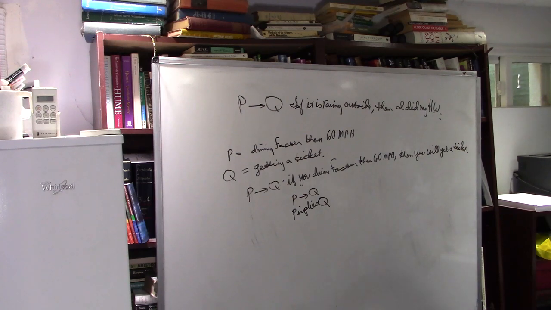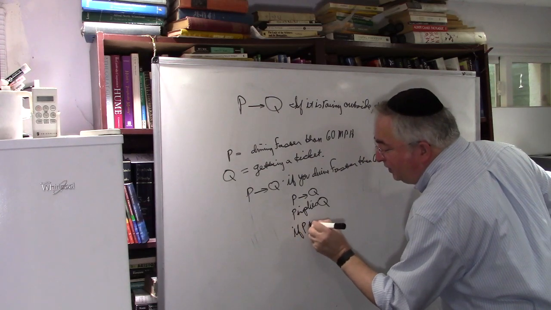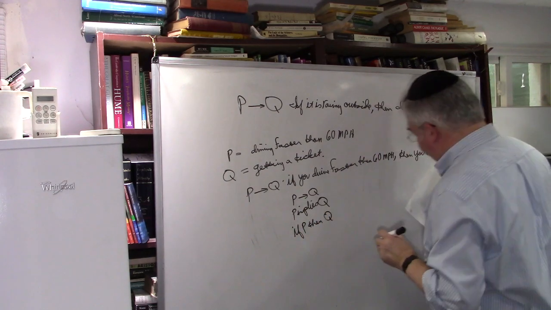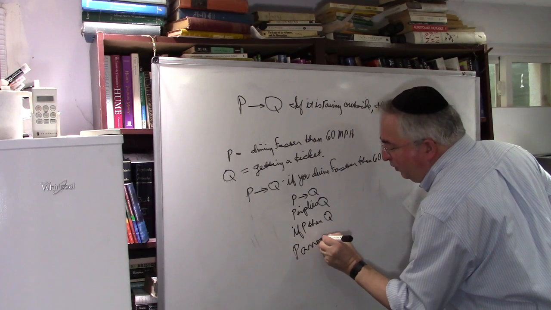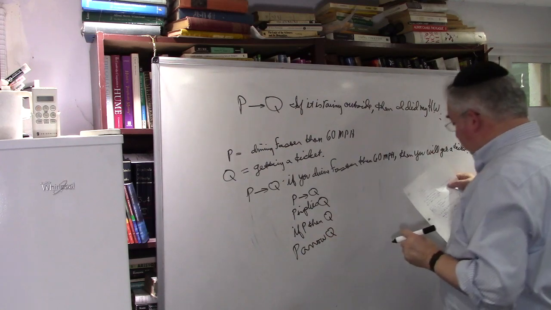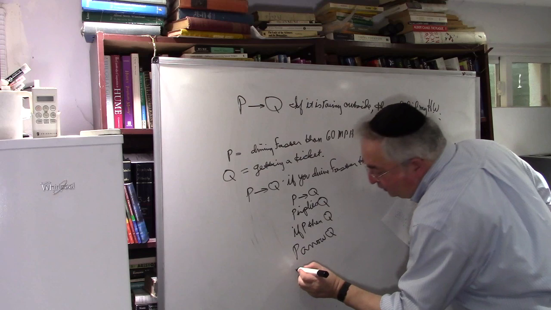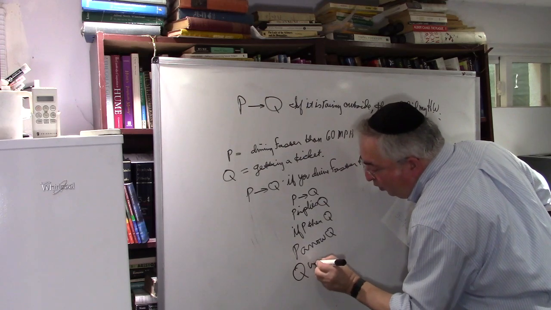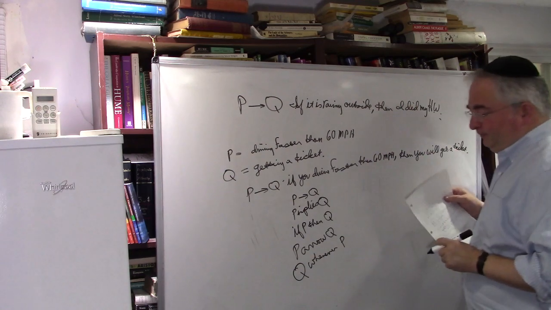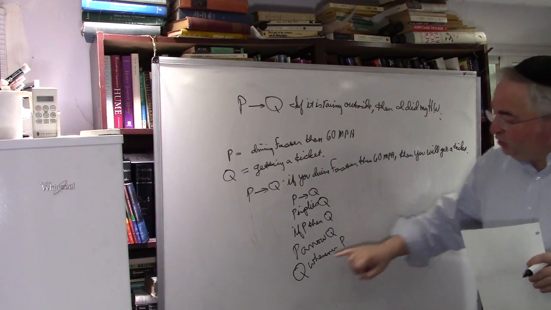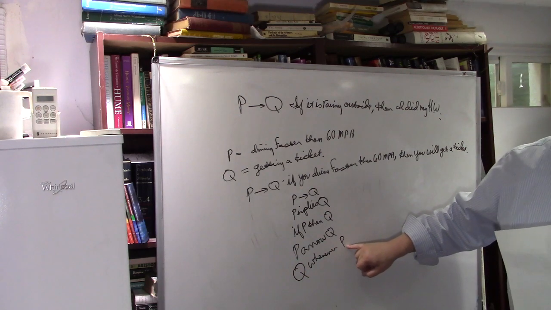Next, you can also say it like this: if P, then Q. And sometimes I say P arrow Q. But let me give you two others. You can also say Q whenever P. You will get a ticket whenever you go more than 60 miles an hour.